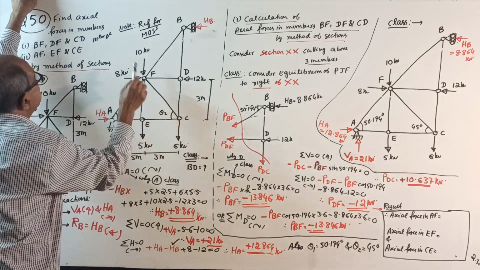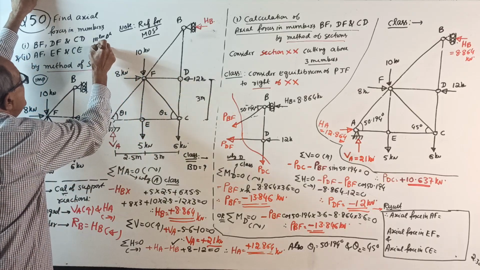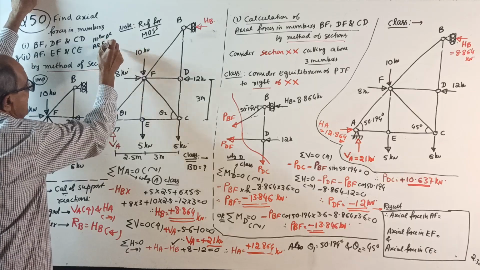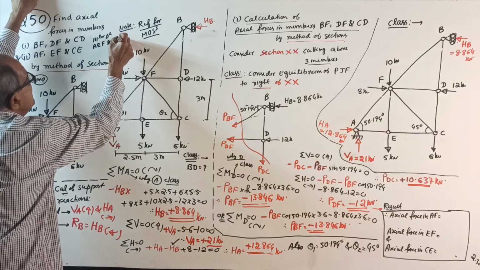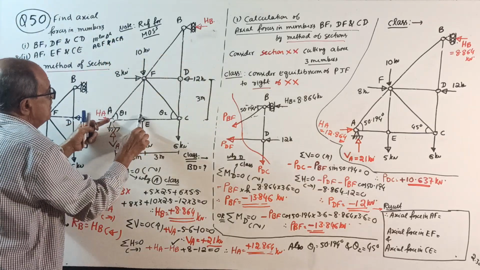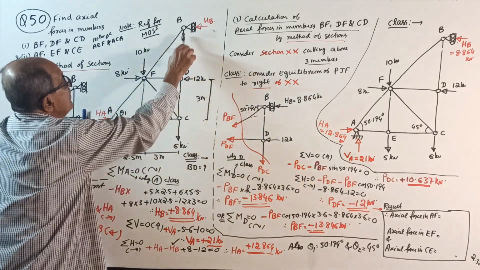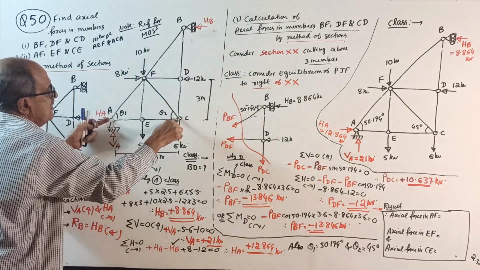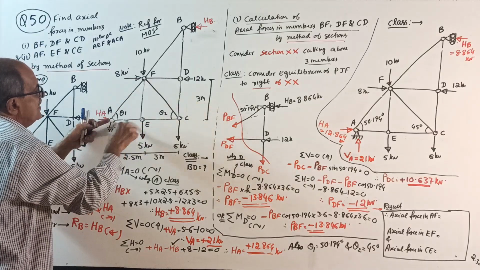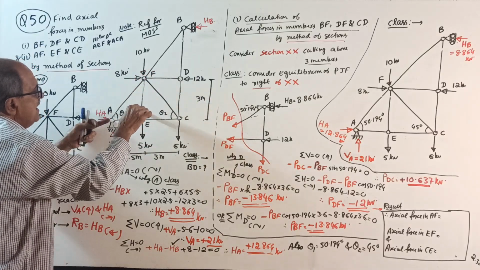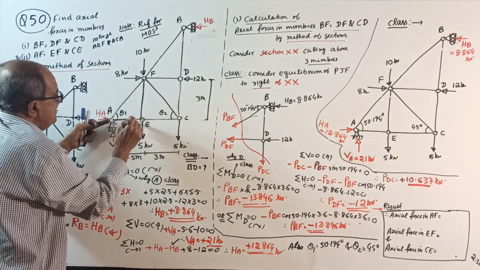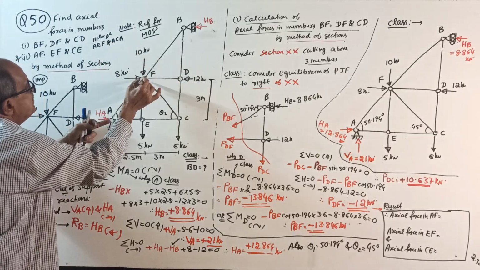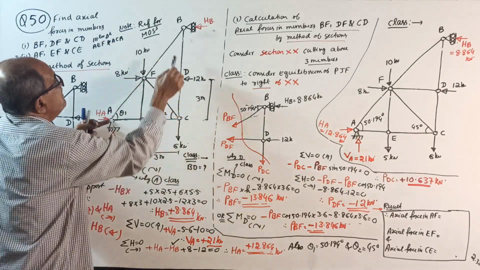See triangle AEF and triangle ACB. One triangle is AEF, the other one is ACB.